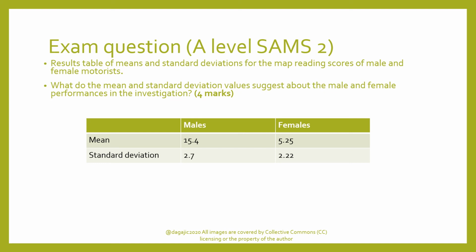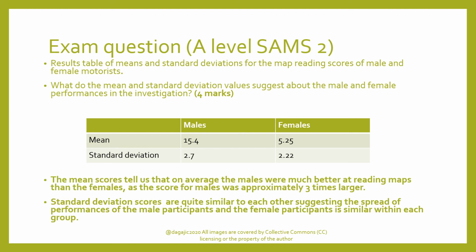And in fact, if you think about it, it looks like they scored on average 3 times higher because 5 goes into 15 3 times. If we look at the standard deviations, 2.7 and 2.22, they're actually very, very similar. So that tells us that the deviation or the variation in scores between males and females was actually very similar.